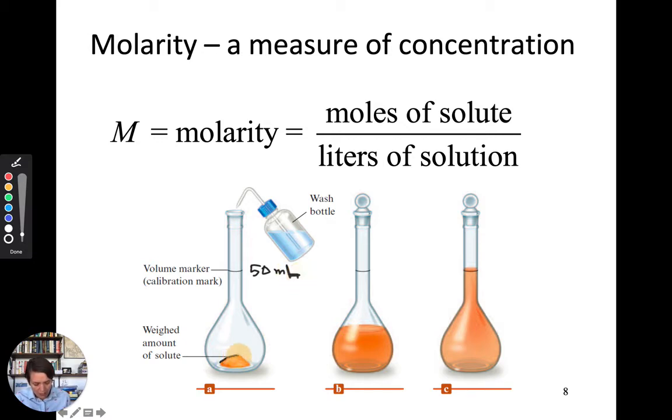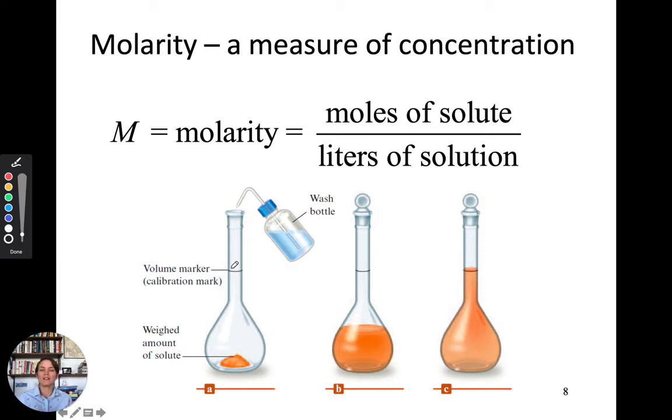You would add whatever it is that you're dissolving. So let's just stick with salt. This is our pile of salt. We want a solution that's 50 milliliters. And so we would add our solid and then add water up to the top of that line. It is a very accurate way of measuring your solution, making sure that it is the exact right concentration.